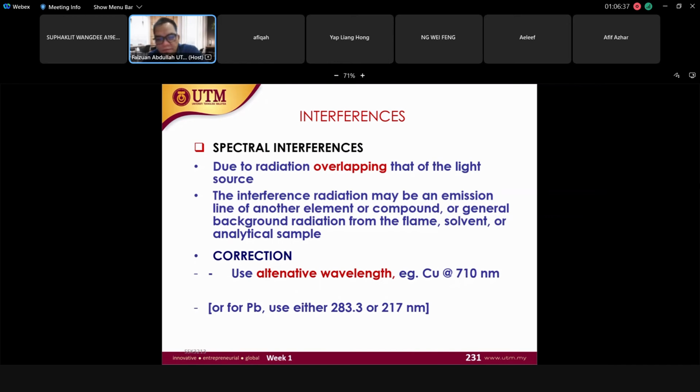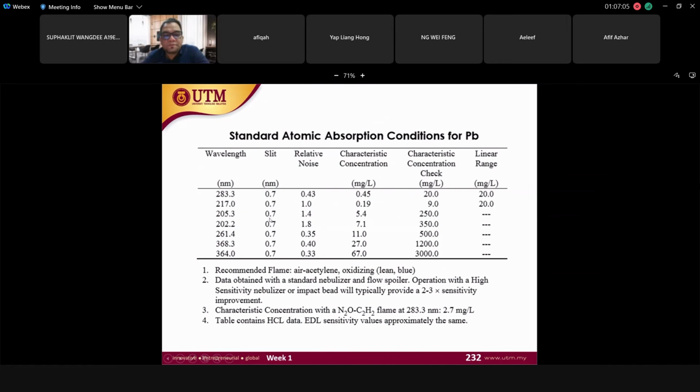If there is a lot of interference, we change the HCL to another type of HCL with a different wavelength for copper, so we can remove all the interference. Or for lead, we have two wavelengths of hollow cathode lamp that can be used, 283.3 or 217 nanometer. All right.